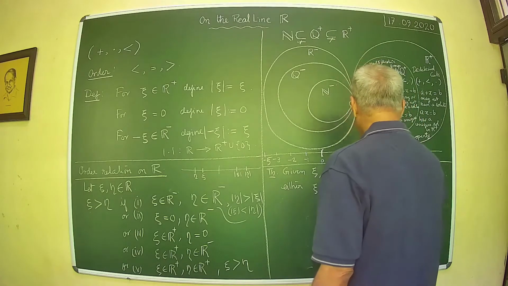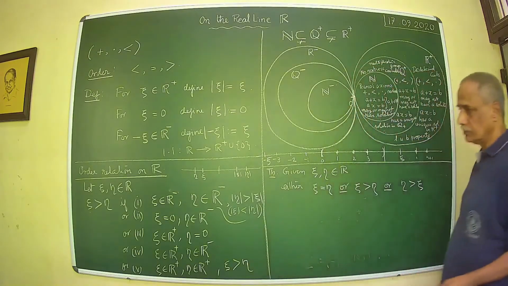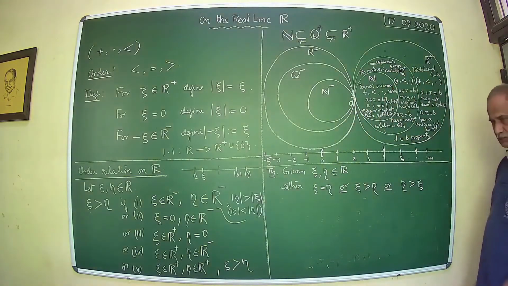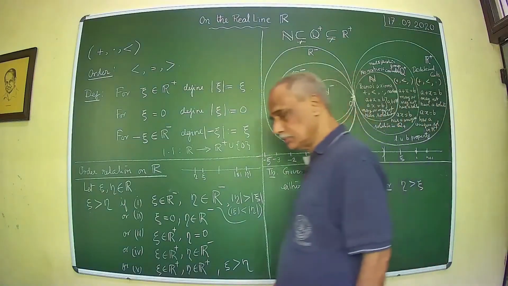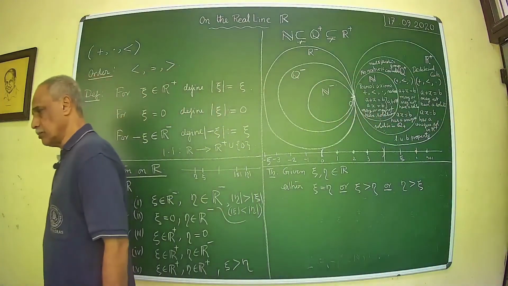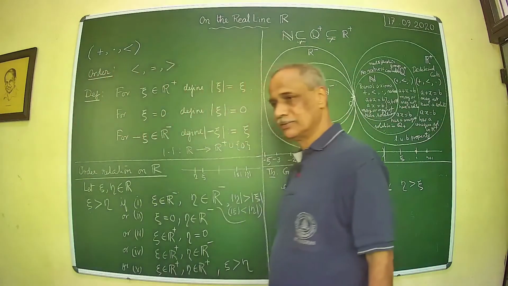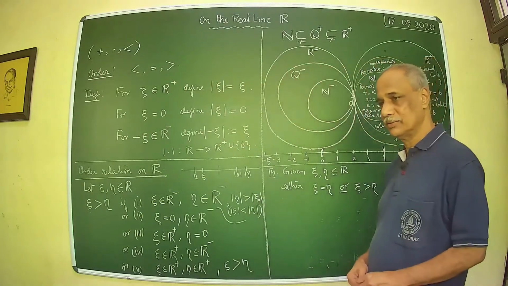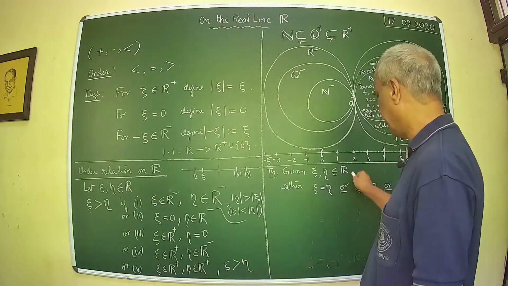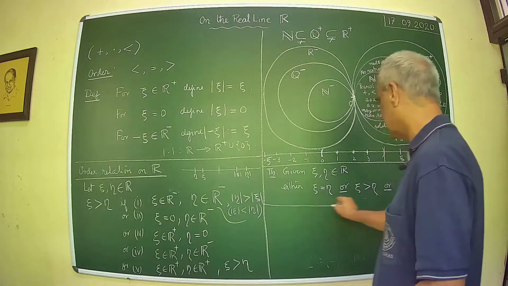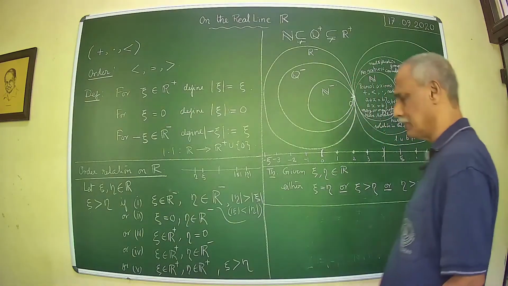See, one of the three properties, one of the three relations alone holds. Okay, you cannot have simultaneously both the things happening. So given psi and eta, this is a very standard property that you are familiar with.